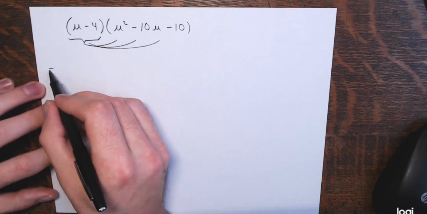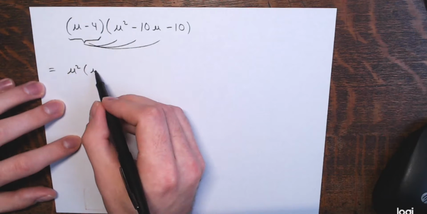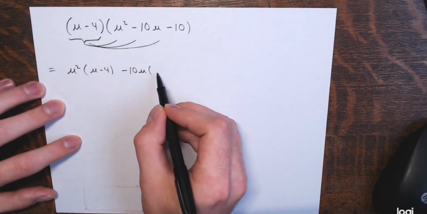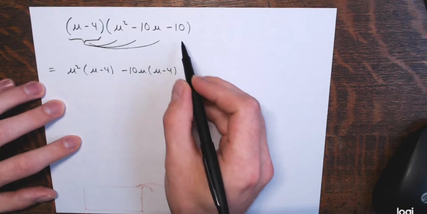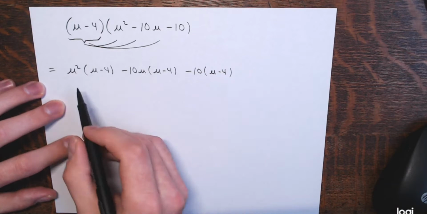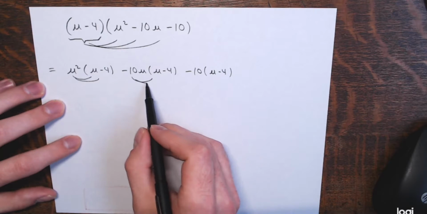So you have u squared times u minus 4, then minus 10u times u minus 4, and then minus 10 times u minus 4, every single one of those. And now I'm distributing those. Distribute the u squared, the negative 10u, and the negative 10.